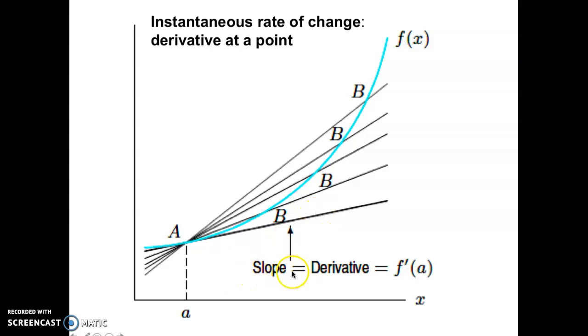This is the slope of the curve, or the slope of the tangent line to the curve, or the derivative of the curve, all synonymous with each other. The instantaneous rate of change of the curve at a point A.